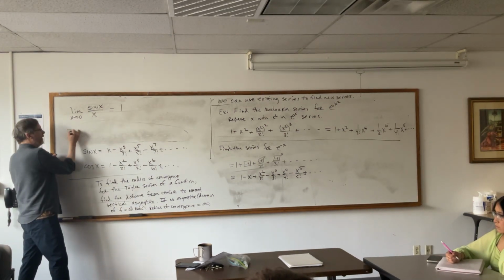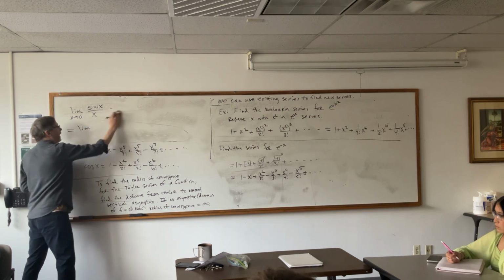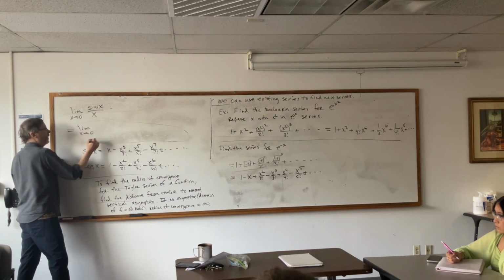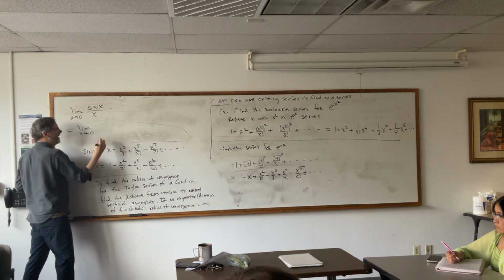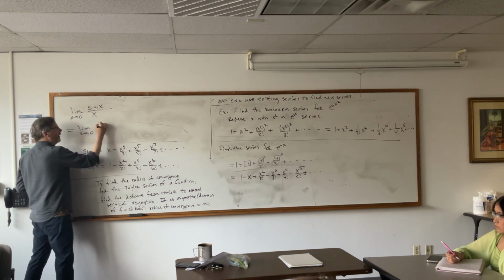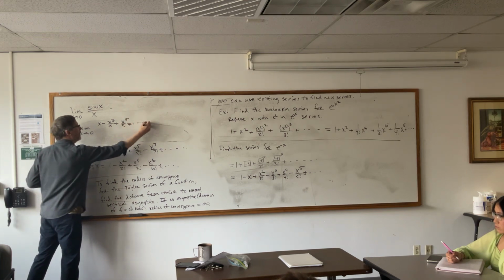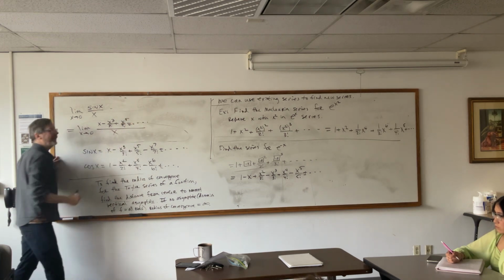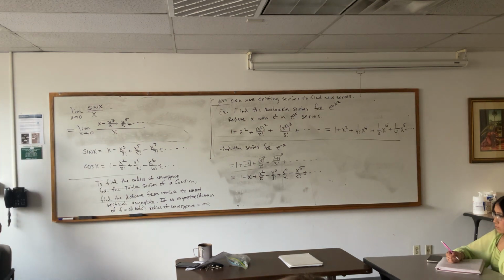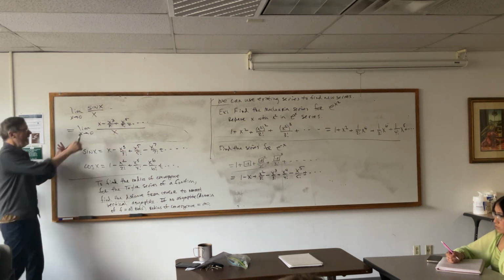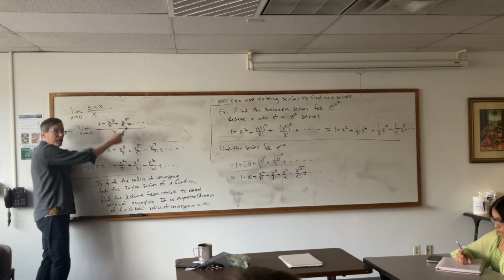Let's just go down here. So this is the limit, we know the answer is 1, or we just learned that the answer was 1. And we've got the sine series, so it's x minus x cubed over 3 factorial, and so on. And we're going to divide that by x. So look what happens. Each of these x's goes down a power.